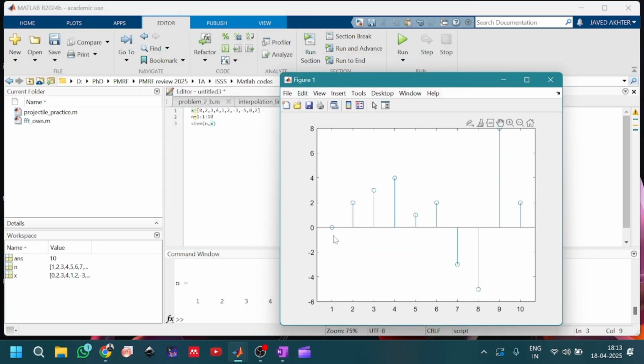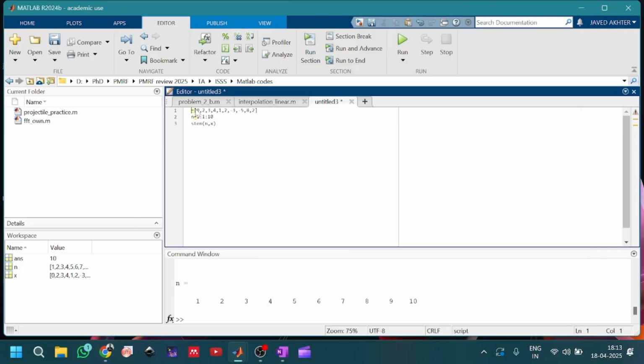So let me call it y and let me call it x. So this is your x array and this is your y array. So stem basically shows you the values. It doesn't connect the data points.